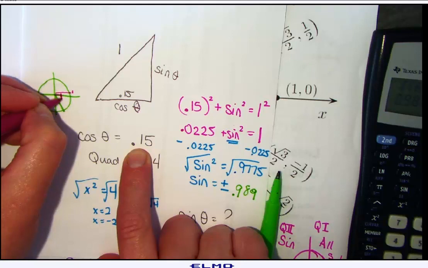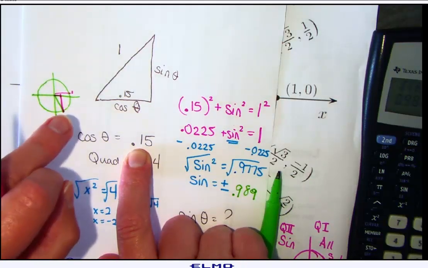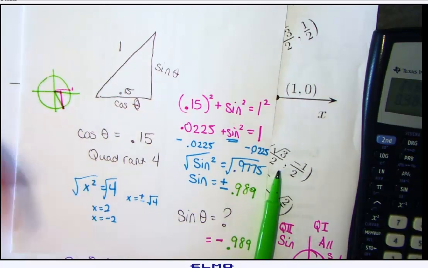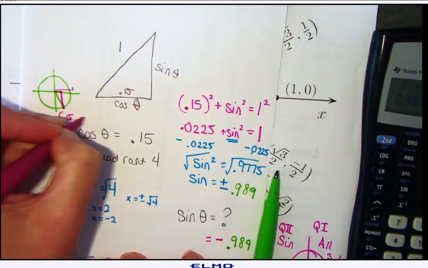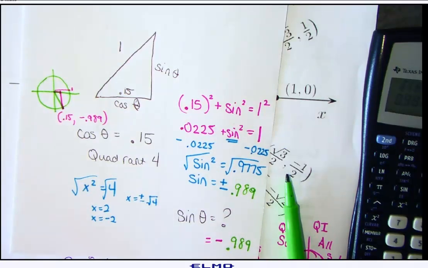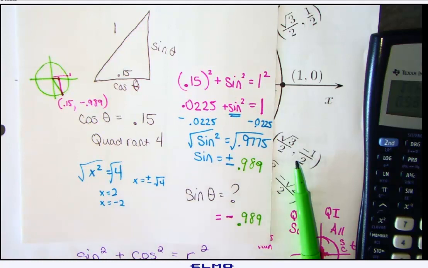And so I needed a very large, in comparison, y-coordinate going down in the negative manner. So that ordered pair would be 0.15, comma, negative 0.989. We could find that sine value by using Pythagorean theorem.